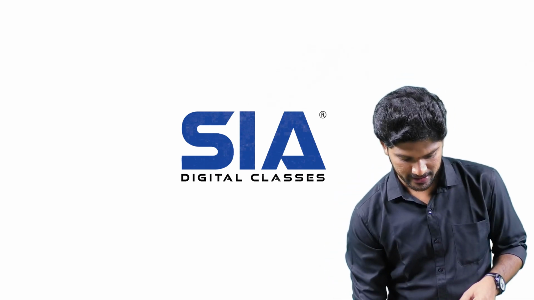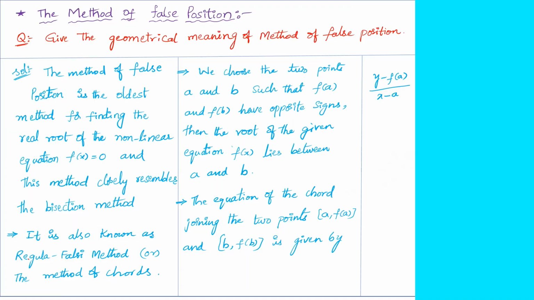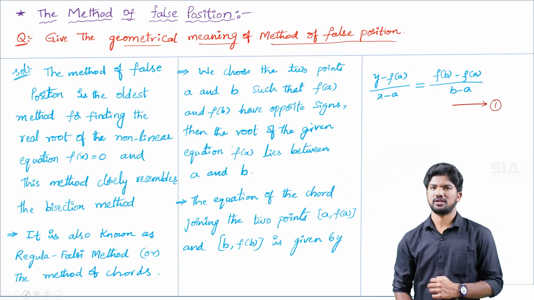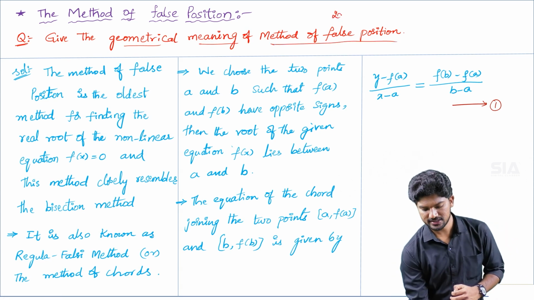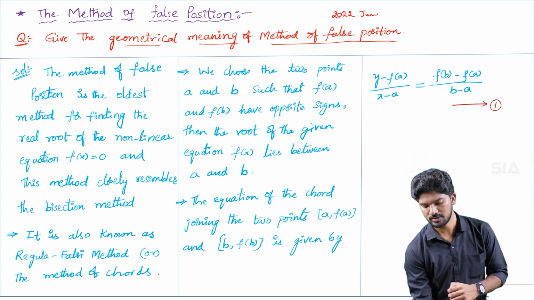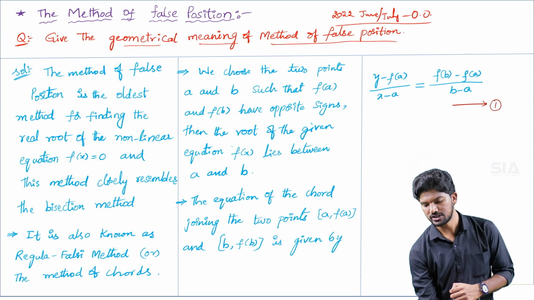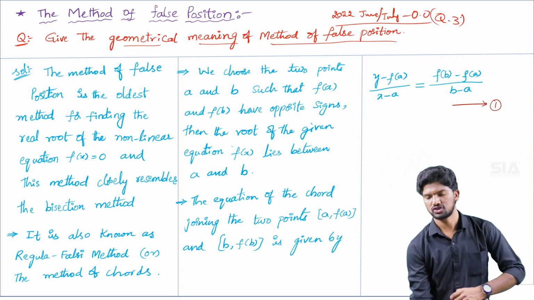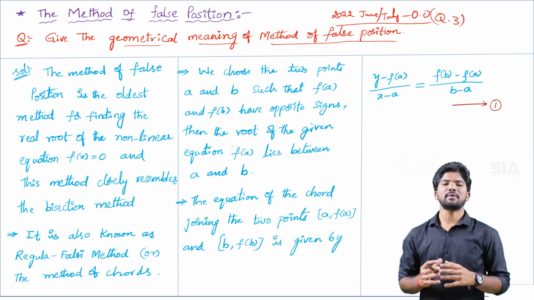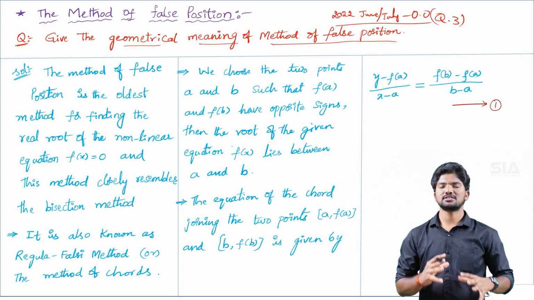The statement of the question is: give the geometrical meaning of the method of false position.